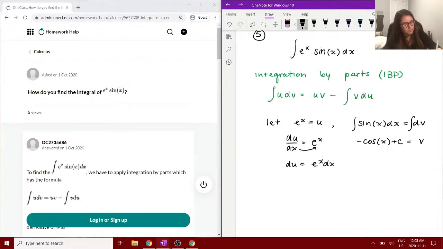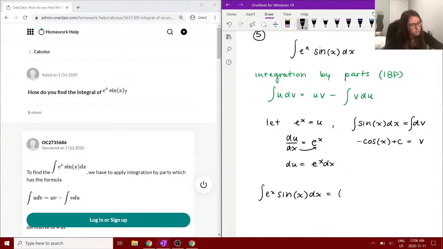So let's sub things in for integrating by parts. Okay, so starting from the same first equation, we have e to the x times sine x dx. If that is the u dv portion, then let's write what u times v is.